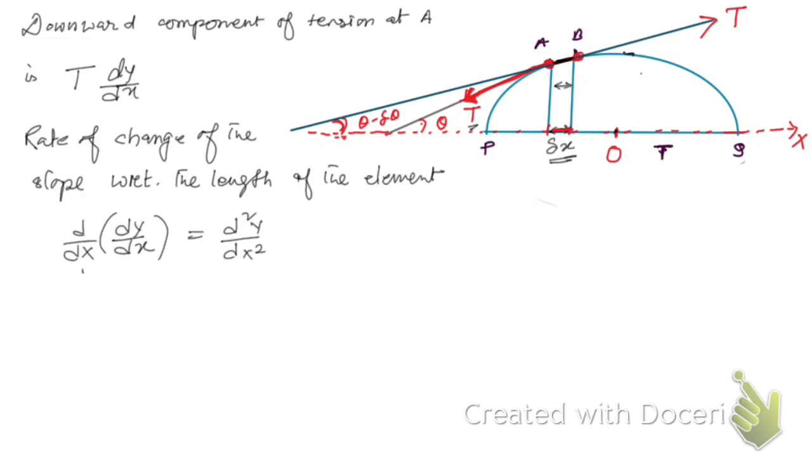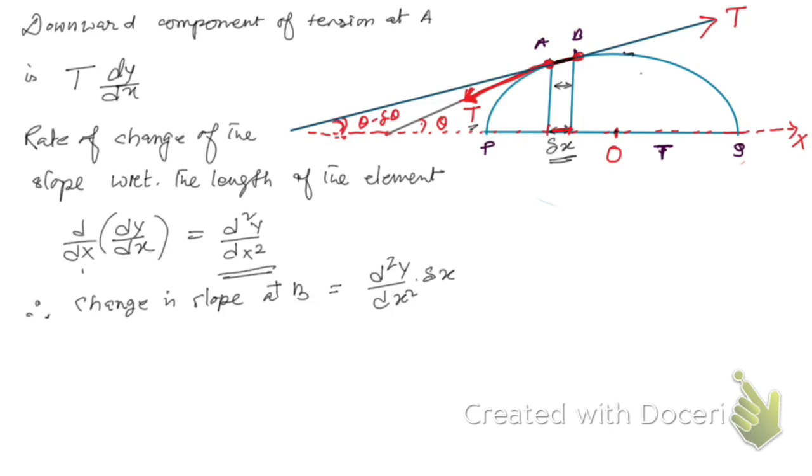The length AB is delta x, so we have to multiply delta x with this rate of change of slope. Therefore we get the change in slope at B as the second order derivative of y with respect to x, that is, this rate of change of slope, into delta x. We need to multiply by delta x, the length of the element AB, right?